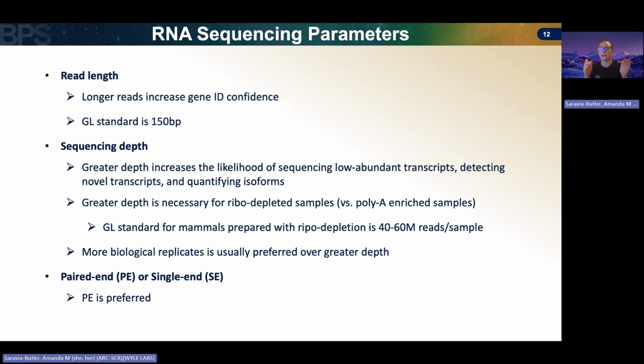So paired end 150 sequencing is going to be preferred over single end 300 base pairs of sequencing, because you're just going to see better quality in your reads.